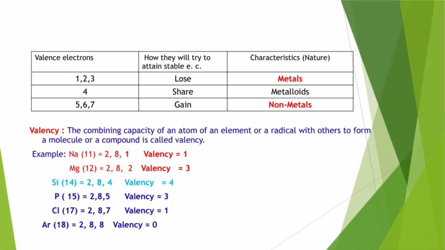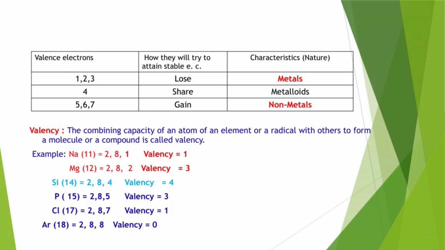So, how will they attain that electronic configuration? Those other elements are unstable. The main reason is that they do not have the stable electronic configuration of the inert gas, and they will always try to gain the electronic configuration of the inert gas.